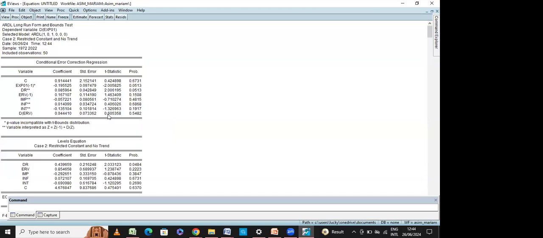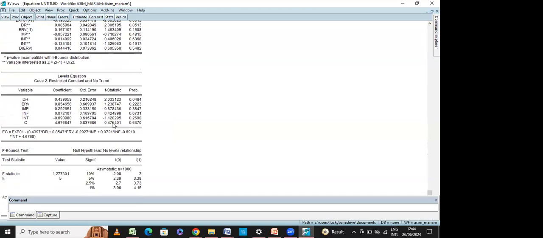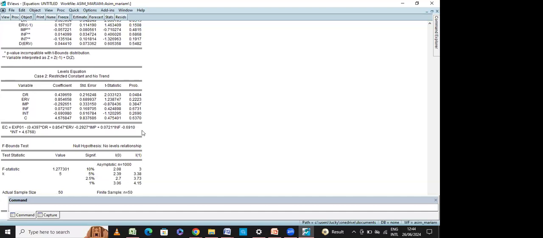I will send you the manual after our class so you can check all the results in the manual. Here we can see that our variables don't have any kind of long run cointegration. In simple words, the variables are not working with each other in the long run.